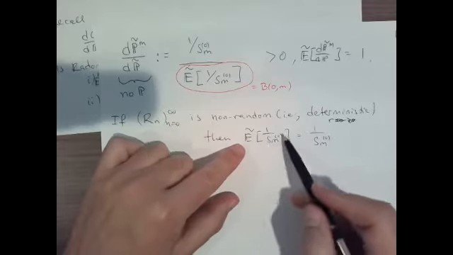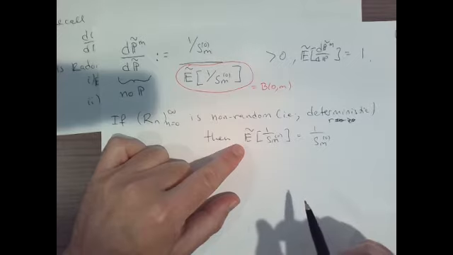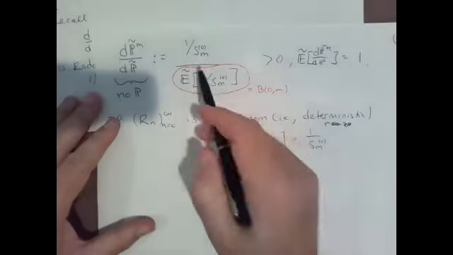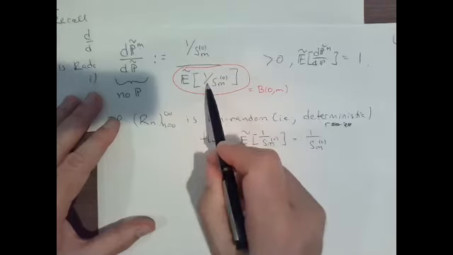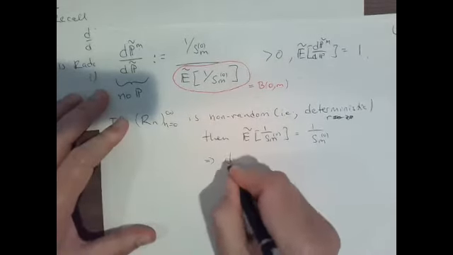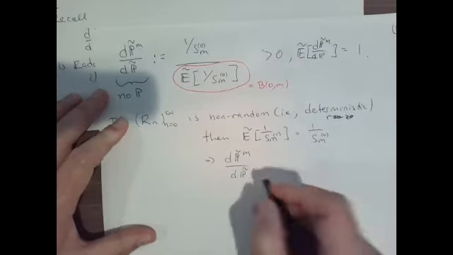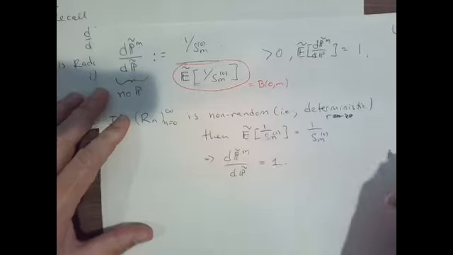And there will be no randomness here, so the expectation is of course the same thing as without the expectation. Then you see the ratio now. This is the same as what you have up here. And this is going to imply that dP tilde M over dP tilde is equal to 1.